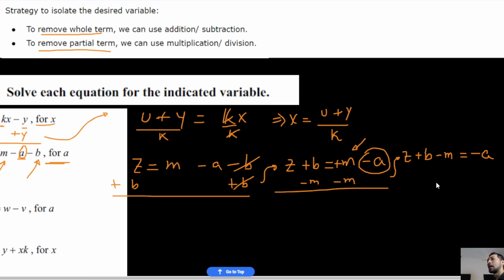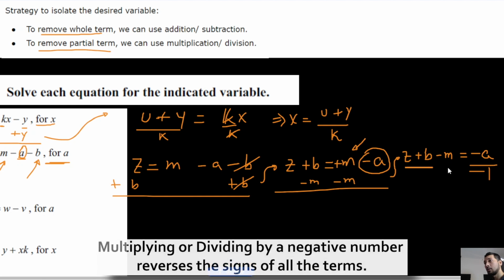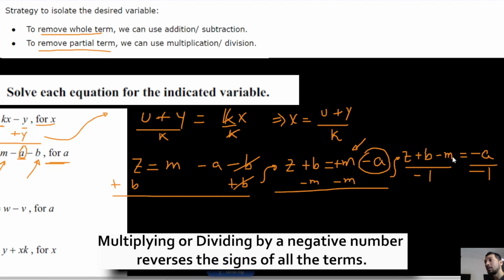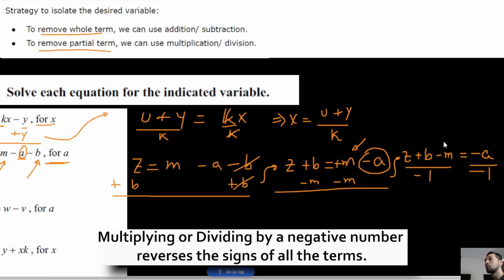Now to isolate any variable, we need to make sure that the coefficient in front of the variable is 1. So we have this negative sign here, that basically means it's negative 1. So you divide both sides by negative 1 here. Now if I divide everything by negative 1, the sign in front of each letter would reverse.